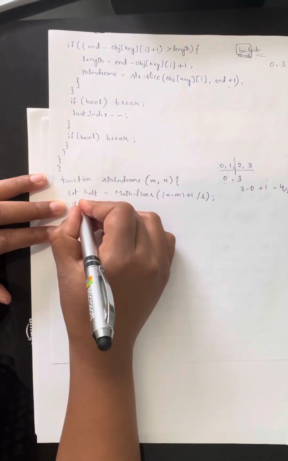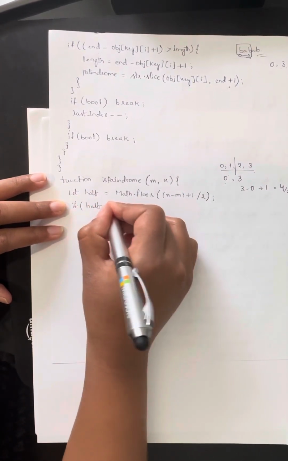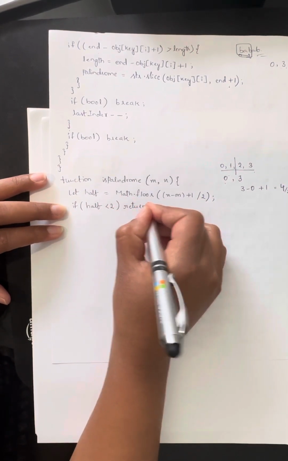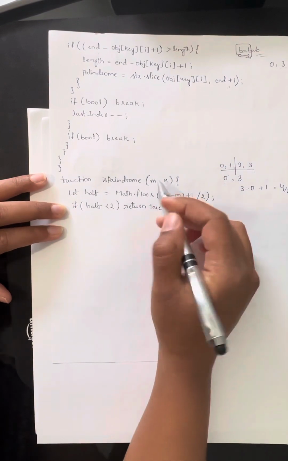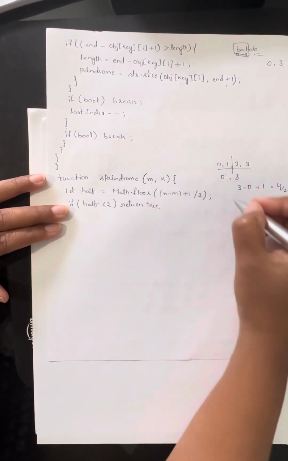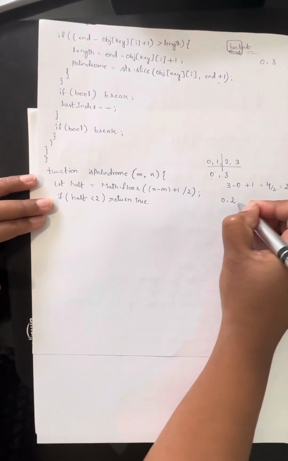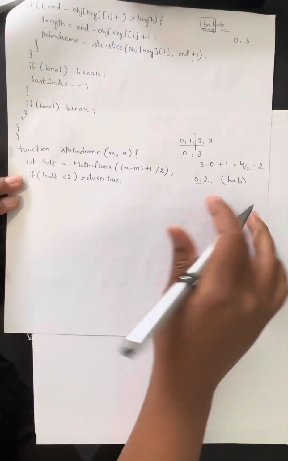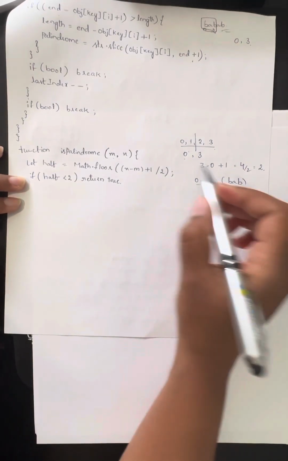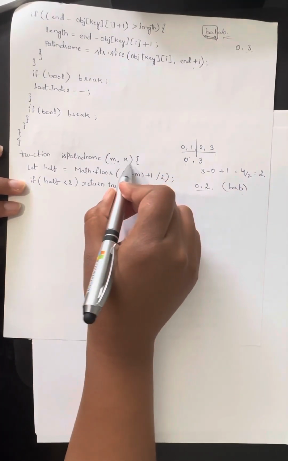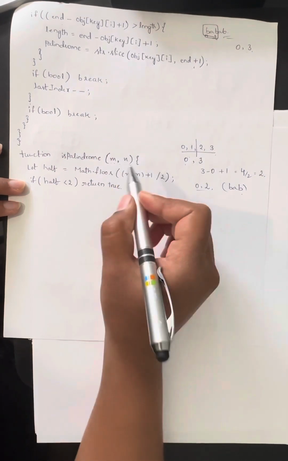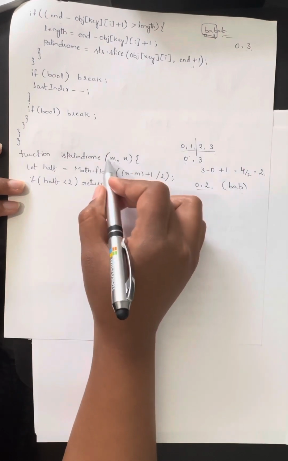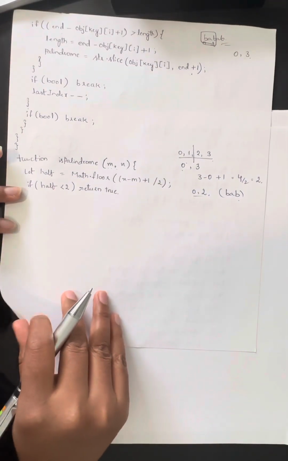Now if half is less than 2, then we just return true. Let's say m and n are 0 and 2, and this is the string we have. The m and n should be at the same letter, because we are sending these indexes from the object that we store.